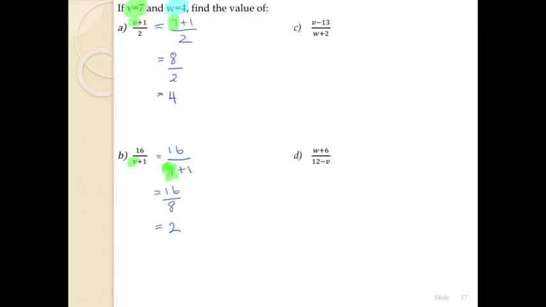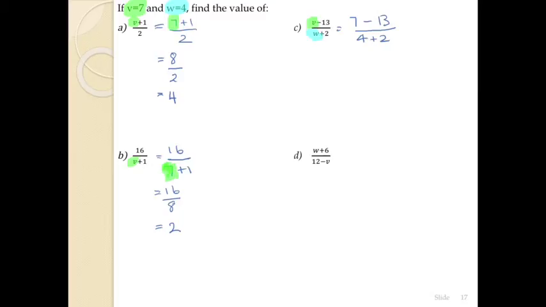Now if you have a look at question C, now we've got both the v in the numerator and the w in the denominator, so we need to substitute out both of those numbers. And that's going to give us 7 take away 13 over 4 plus 2.